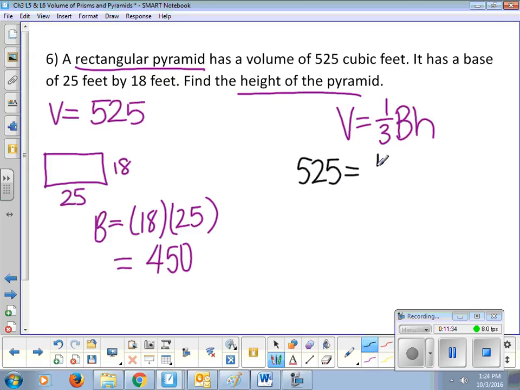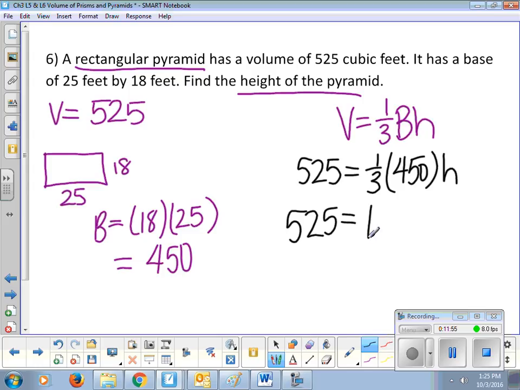Volume equals 525. Bring down my 1/3. Area of the base is 450, and our height is unknown. I'm going to bring down 525. I can multiply 1/3 times 450, which is the same as 450 divided by 3, and I get 150H.